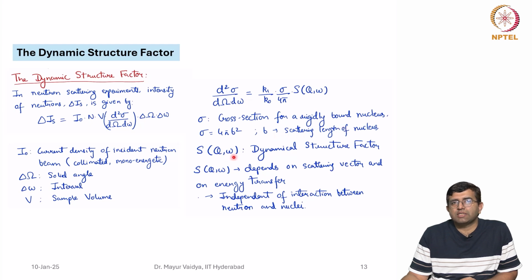And S is the dynamical structure factor, which depends upon the scattering vector and on the energy transfer. But this structure factor is independent of the interaction between the neutron and the nuclei. So it is basically related to how much energy is transferred and how much is the scattering vector.